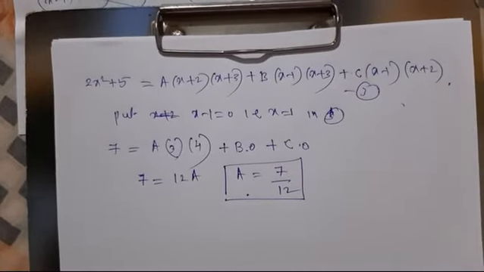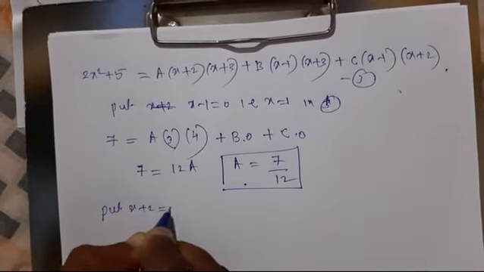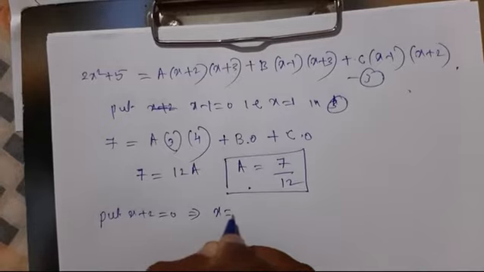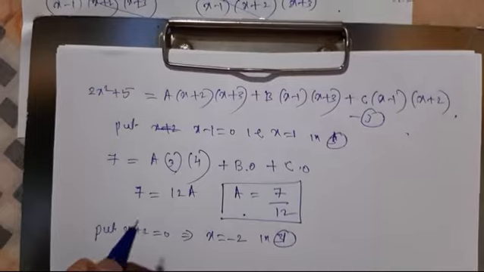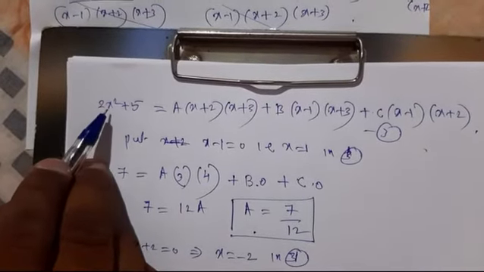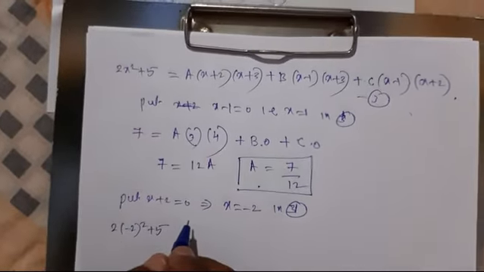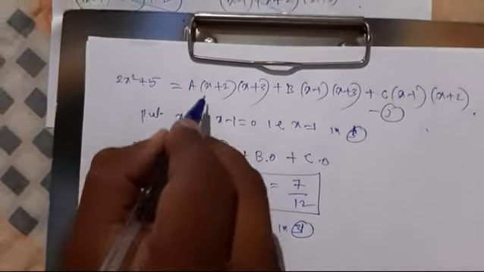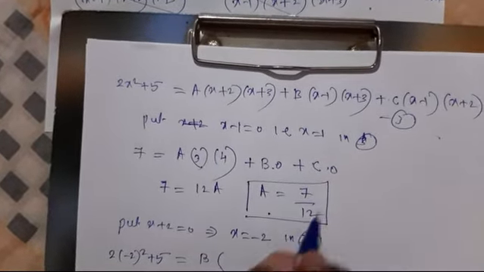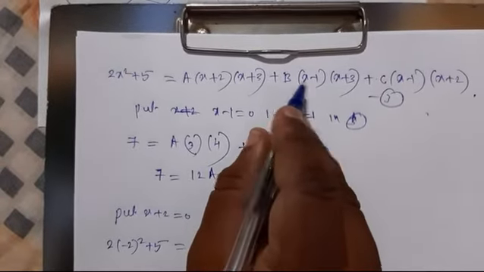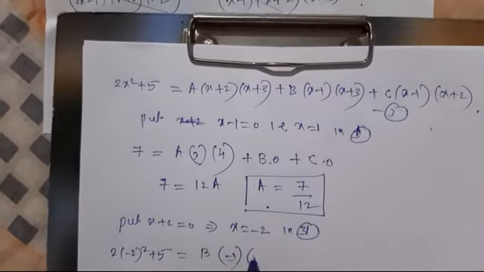Next I will put x plus 2 equal to 0, that is x equal to minus 2 in equation number 3. So after putting x equal to minus 2 here, I will get 2 into minus 2 square plus 5, which is equal to, if I put x equal to minus 2, this becomes 0 and the last term becomes 0, so the remaining is b into minus 2 minus 1, this is minus 3, and minus 2 plus 3, this is 1.